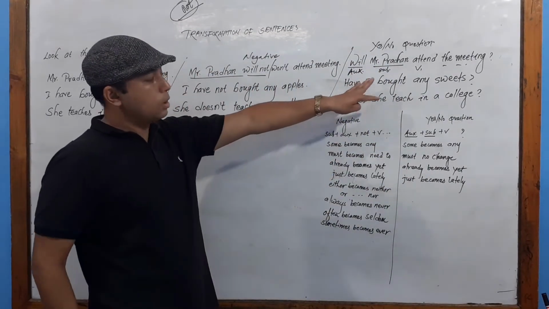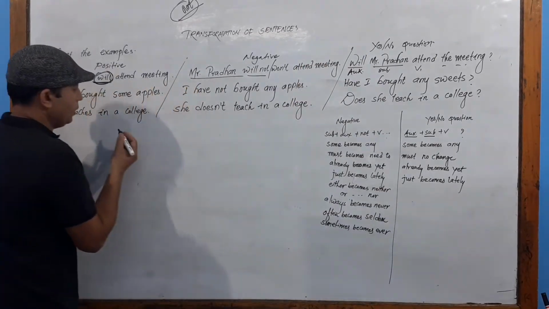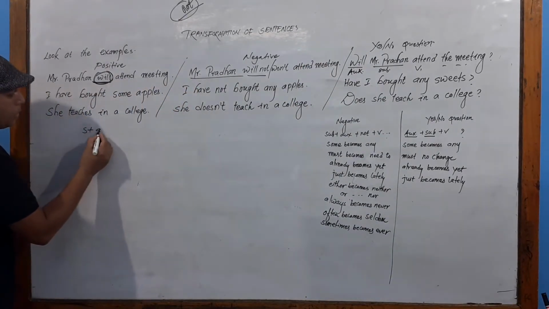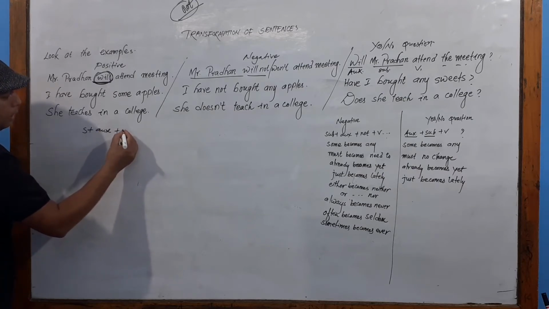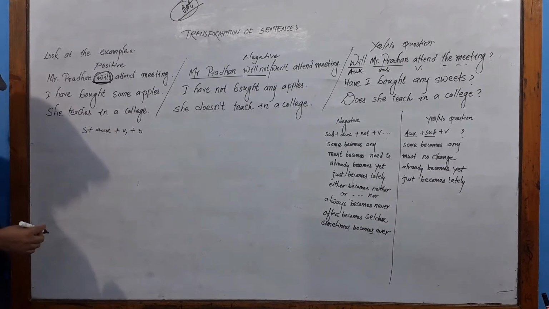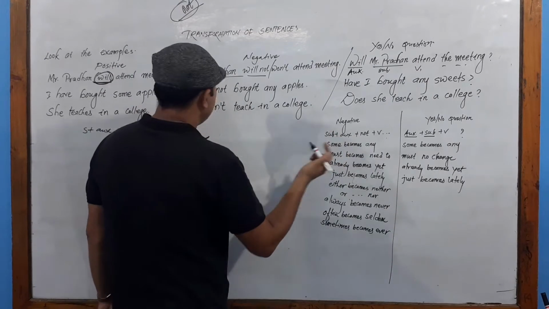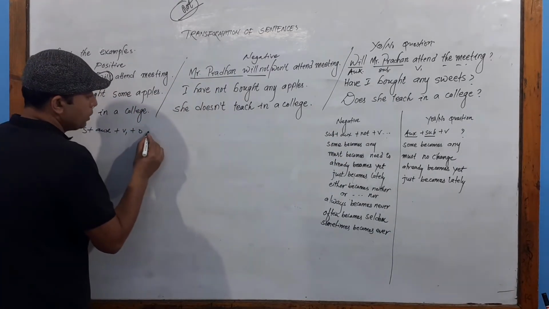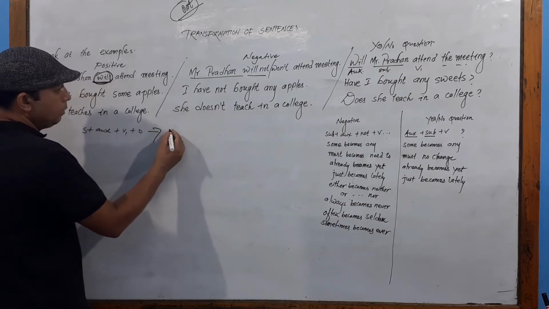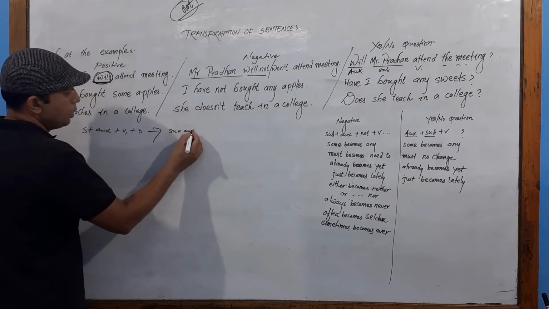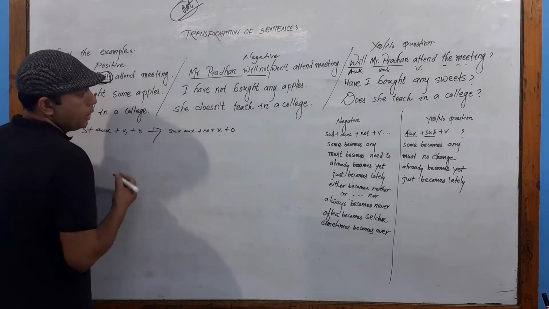So there is one structure or formula. If there is subject plus auxiliary verb plus main verb plus object, then if we have to change into negative, it will be subject plus auxiliary verb plus not plus main verb plus object.